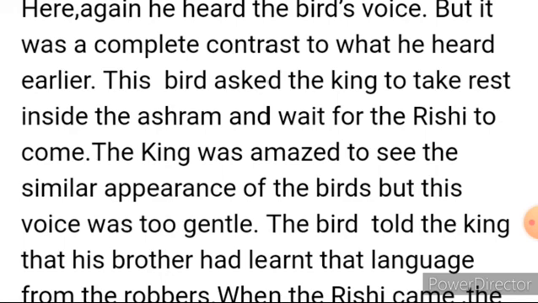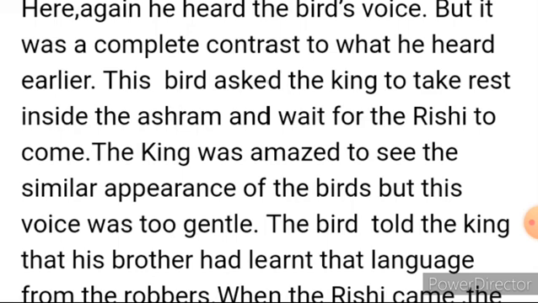The bird told the king that his brother had learned that language from the robbers. The king ran away on hearing the voice of the first bird which lived with the robbers, and he reached the place of the Rishi's ashram.